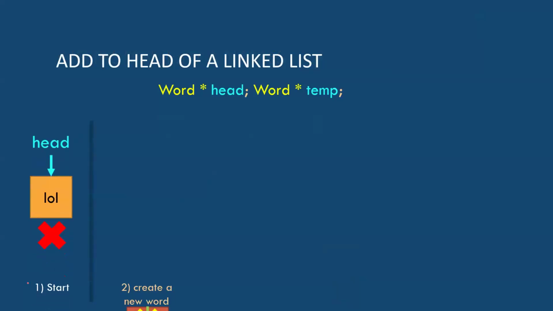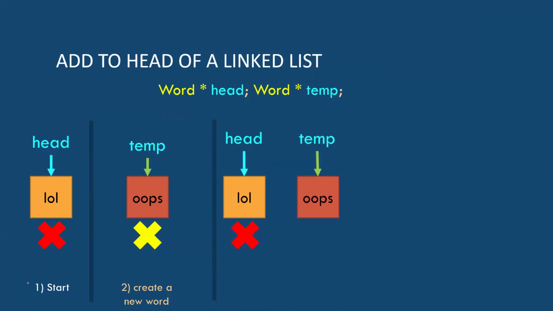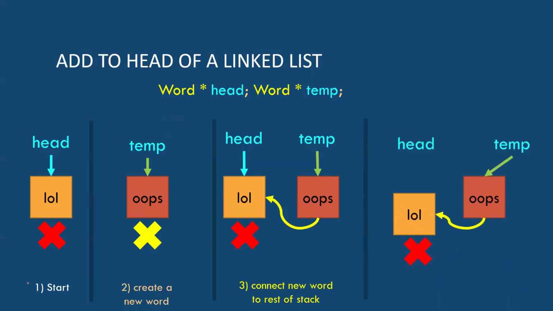So if I want to add something at the head, and this will be important, remember, first we have to create the thing. Then we want to hook that up to the list. So I have to say temp next equals head. Okay, that's how we hook that thing in. And then we just update the head. And now we really don't need temp anymore.